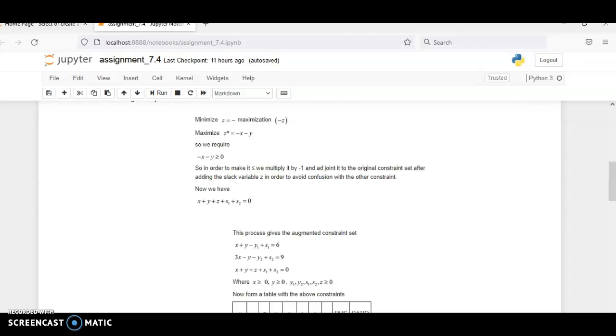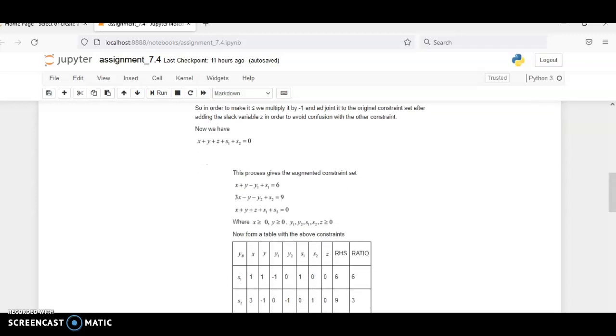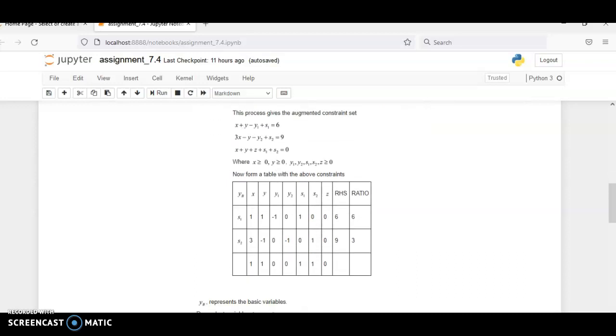Now we have x plus y plus z plus s1 plus s2 equals 0. This gives us the constraint set: x plus y minus y1 plus s1 equals 6, 3x minus y minus y2 plus s2 equals 9, x plus y plus z plus s1 plus s2 equals 0, where x greater than or equal to 0, y greater than or equal to 0, and y1, y2, s1, s2, z greater than or equal to 0.